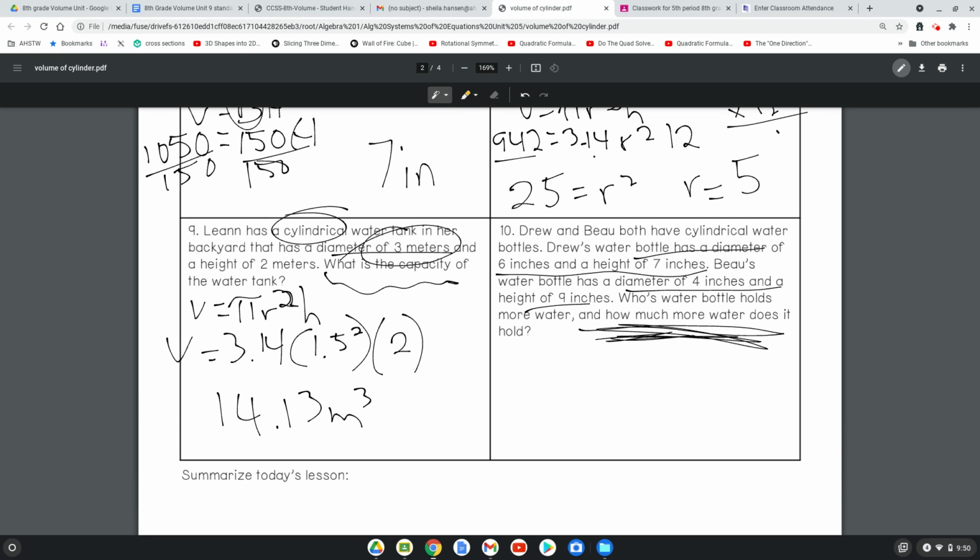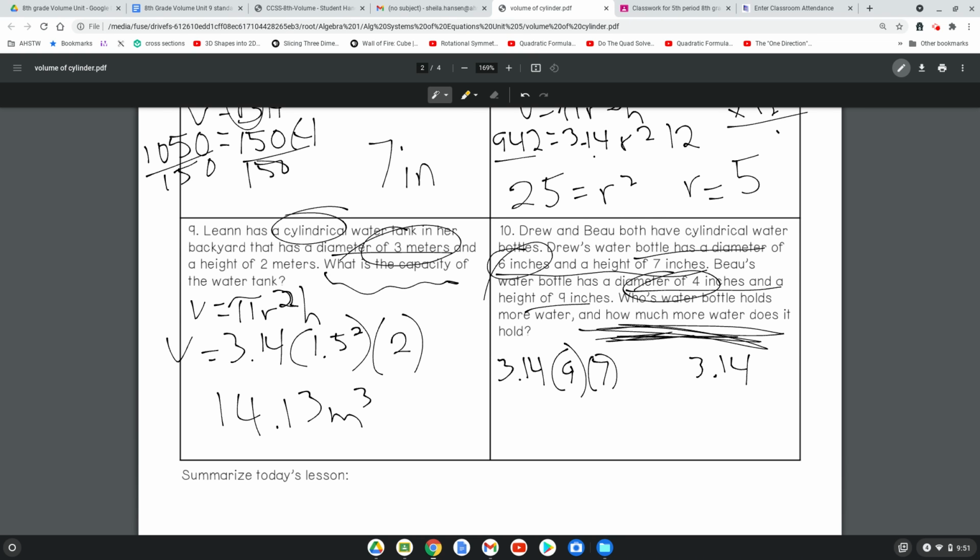So for Drew's, we're going to do pi, and then the radius is 3 because the diameter was 6. So 3 squared is 9, and then the height is 7. So there's the numbers for Drew. And then for Bo, we have 3.14. The diameter is 4. So the radius is 2.